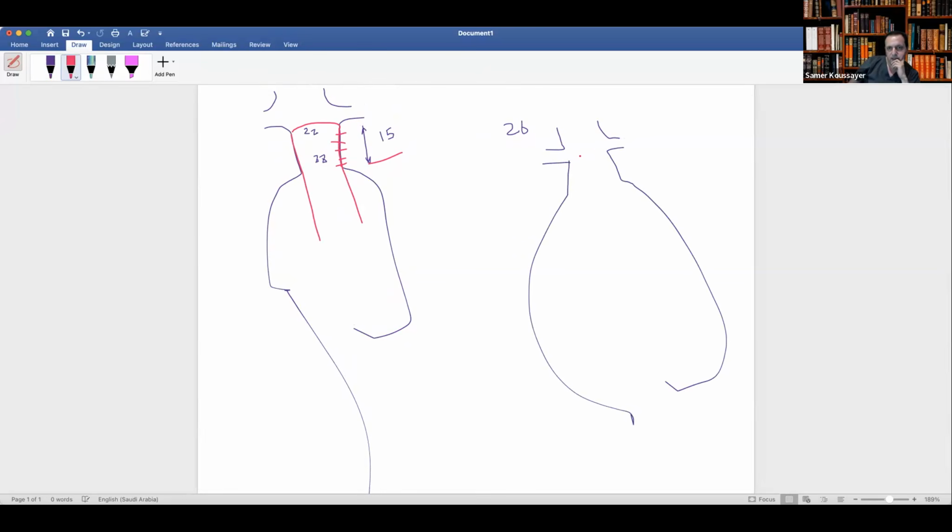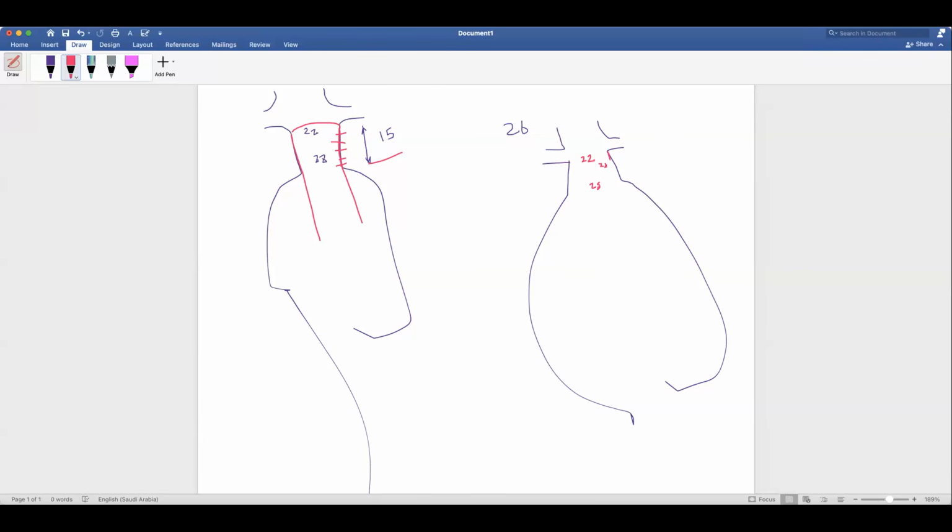So let's say here it's 22, and here it's 25. And here, for 4 millimeters, it's still 22. After 4 millimeters, it becomes 24.